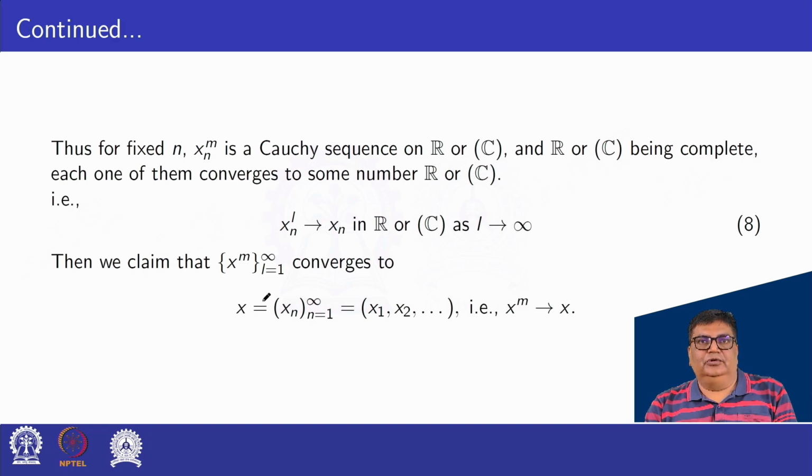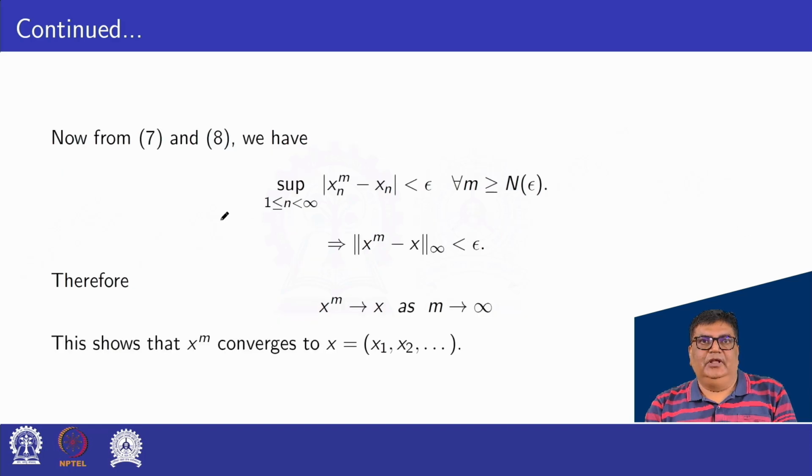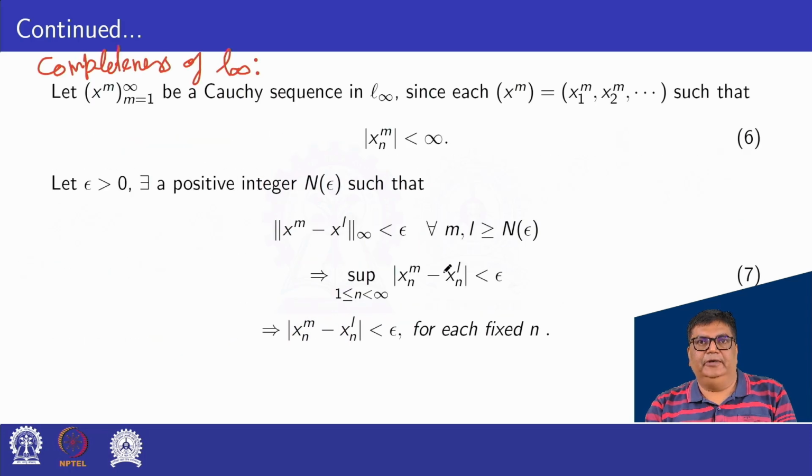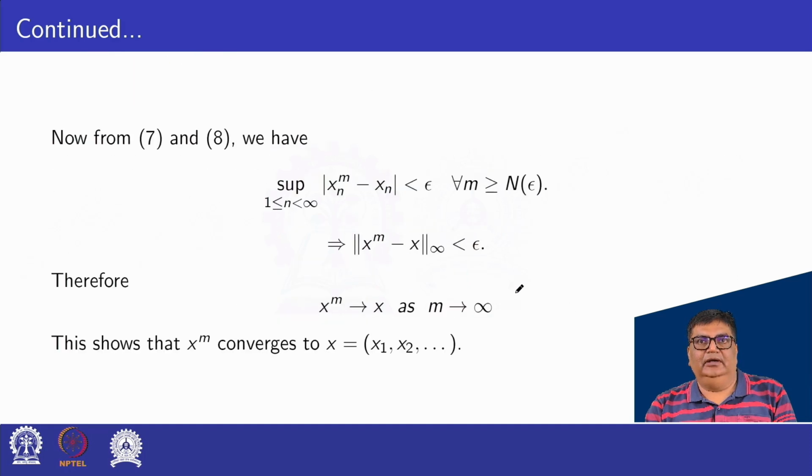So we claim that x_m converges to the point x. Now from equations 7 and 8 we have mod x_mn minus x_ln less than epsilon, and x_ln converges to the point x_n.